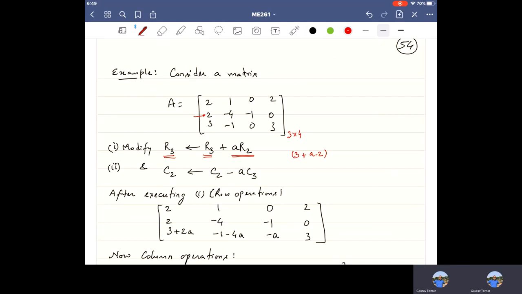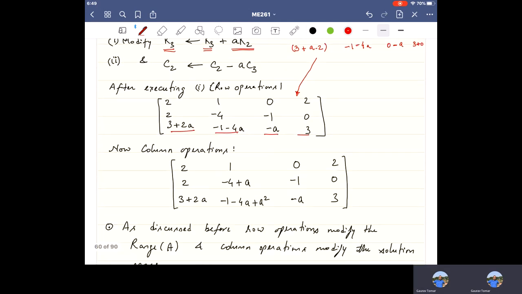Then you have minus 1 and minus 4A. Then you have 0, minus A, and then 3 plus 0 times A, so 3 plus 0, which gives you this matrix with the modified row.